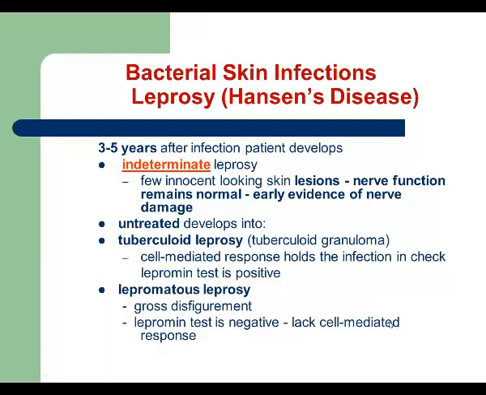Then, if this stage of leprosy is not treated, it can develop into either tuberculoid leprosy or lepromatous leprosy. Let's talk about tuberculoid leprosy. It's called tuberculoid leprosy because the main symptom of this phase will be granulomas. And those granulomas look very similar to tuberculoid granulomas.